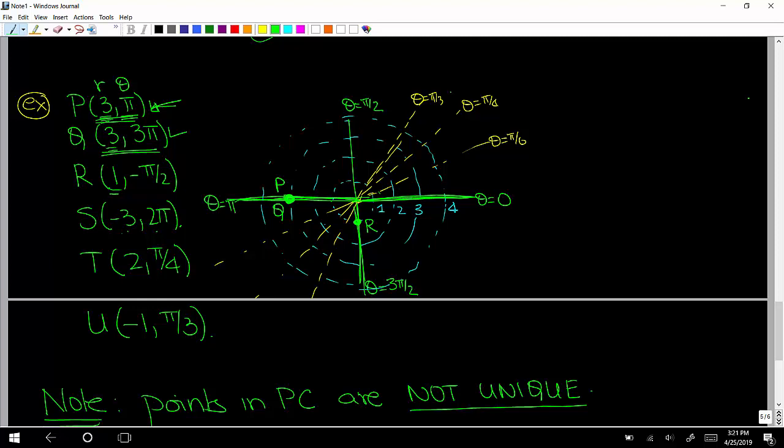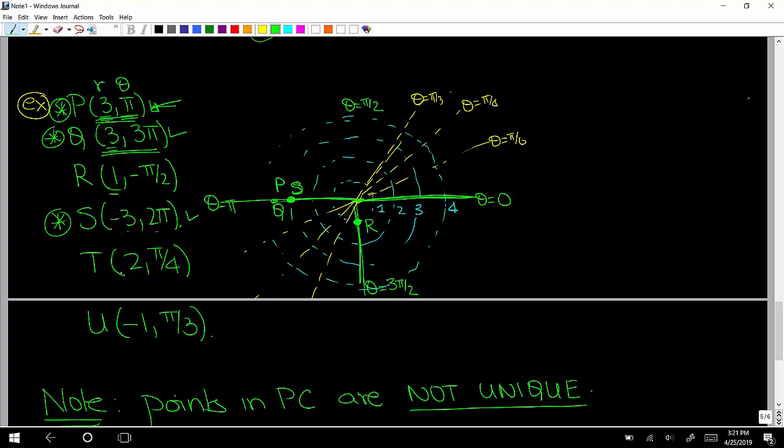So instead of being on this line now, because R is negative, we're going to flip and we're back to this line and we're going to go 3 units on that line. Okay, so if I go 3 units on that line, I'm going to get 1, 2, and 3. That's this point. So this is again S. So again, this point, this, and this, they're exactly the same points, just written differently using 3 different values.